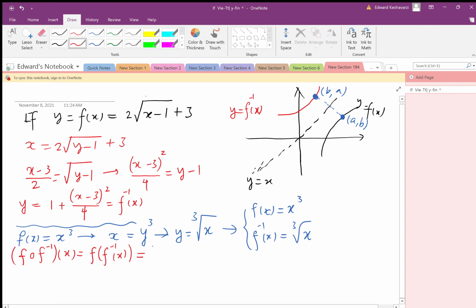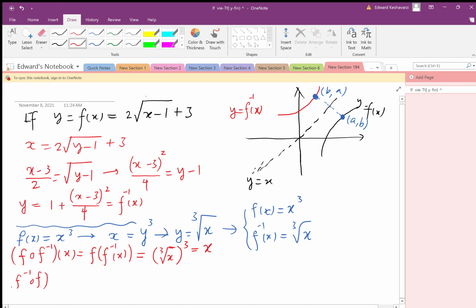So therefore it's going to be cube root of x to the power of 3, which is obviously x.